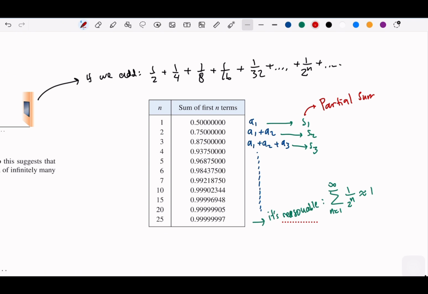So we are going to elaborate the infinite series fraction by fraction. We are going to have a1 as S1, a1 plus a2 as S2, a1 plus a2 plus a3 as S3. And we are going to see this as a new sequence.